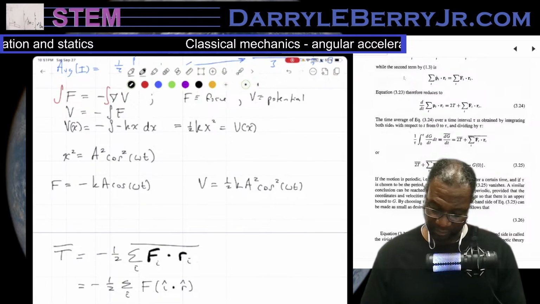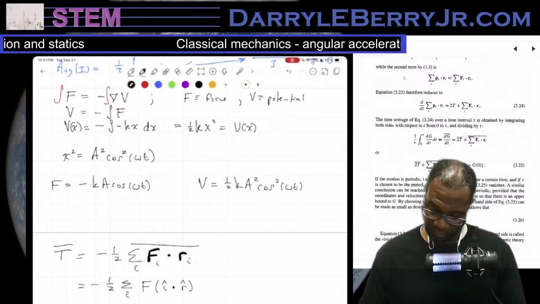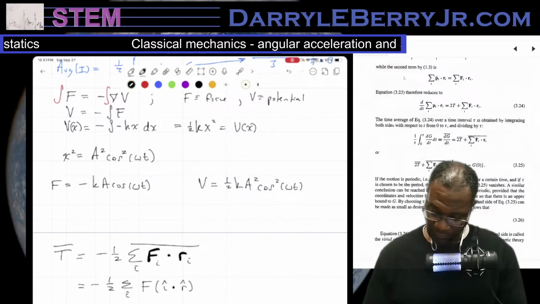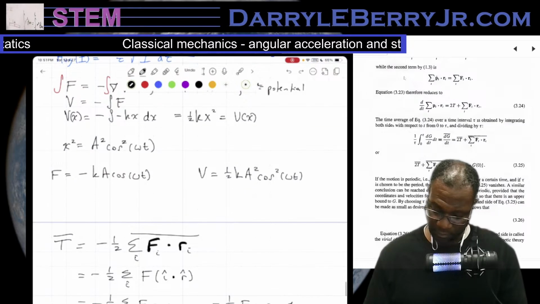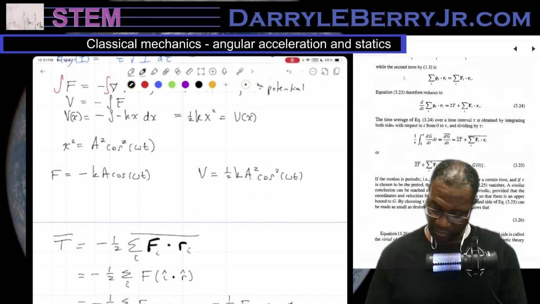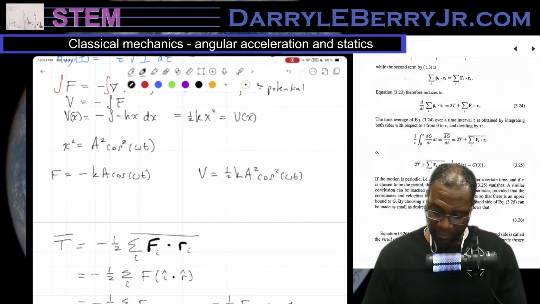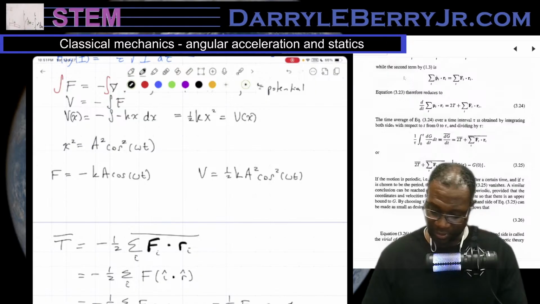Equals negative 1/2 k a squared cosine squared omega t. So this will give me negative 1/4 k a squared cosine squared omega t. And the average of each of these needs to equal.